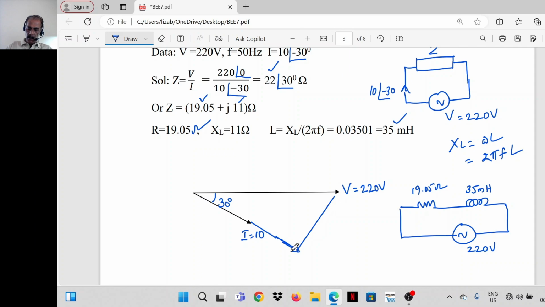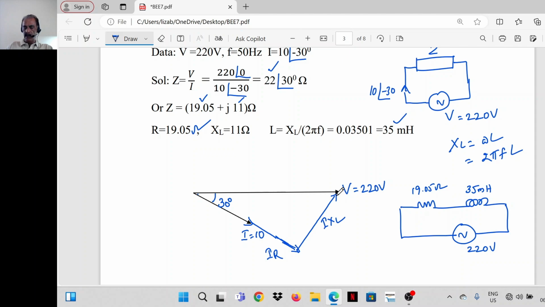This is I into R. This is I into XL. So V square is equal to IR the whole square plus IXL the whole square. The phasor diagram is like this. Current I is lagging behind the voltage by an angle of 30 degrees. IR is the voltage across the resistor.